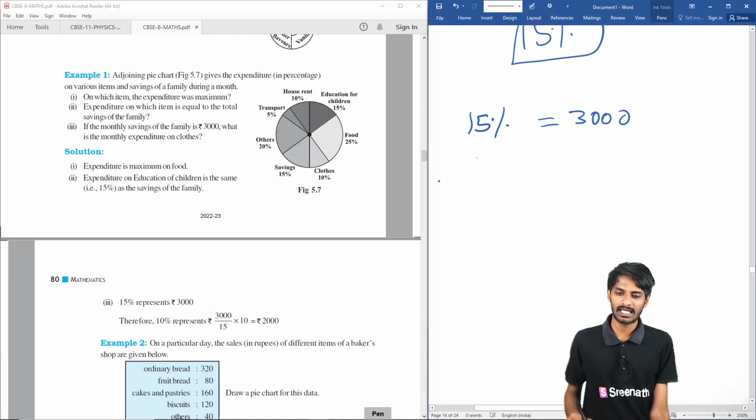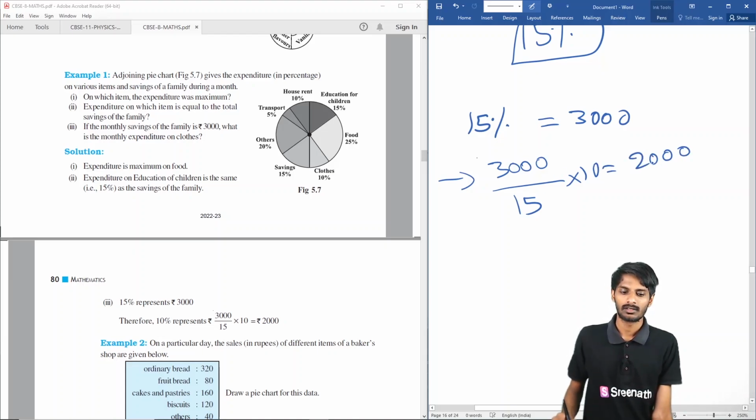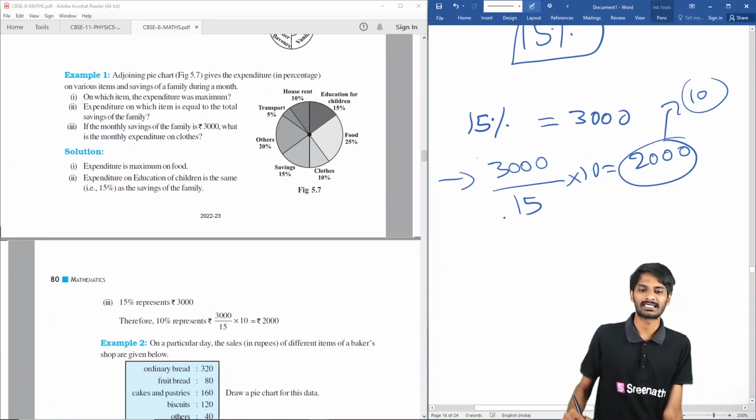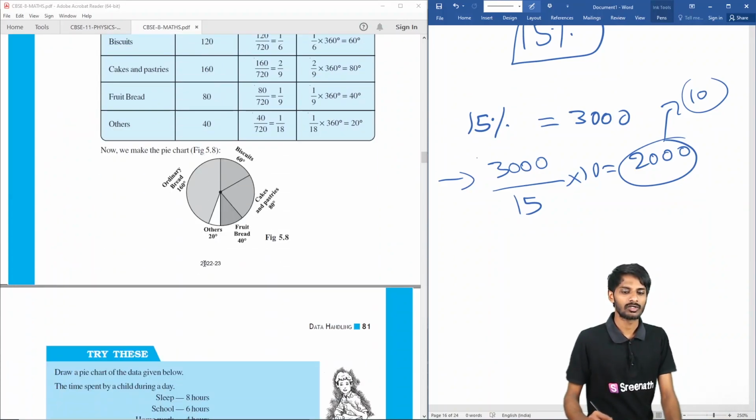Simply, we can do it as 3,000 divided by 15, and then into 10. If you do it like this, you will get 2,000, which is the 10%, students. They are spending 2,000 on clothes. Like that you will get it. Solve this example on your own, students.